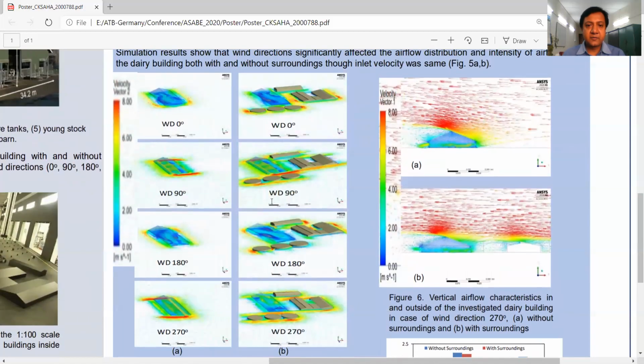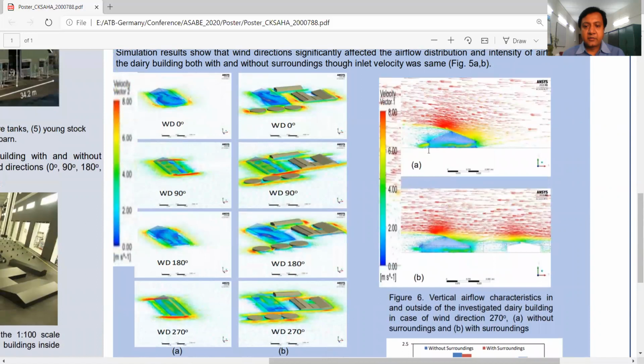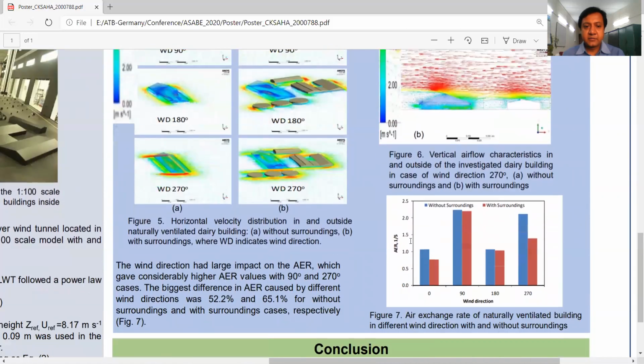As you see in figure 5, there is a significant difference in airflow inside the building between the directions, as well as with and without the surroundings, which you can also see in figure 6.